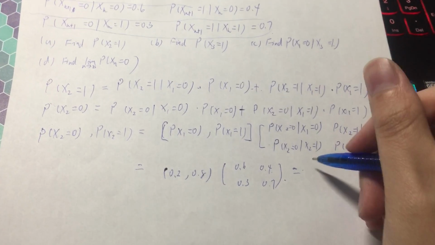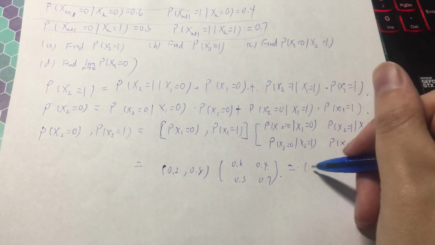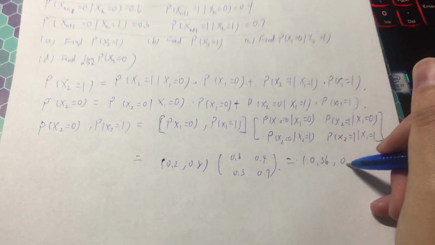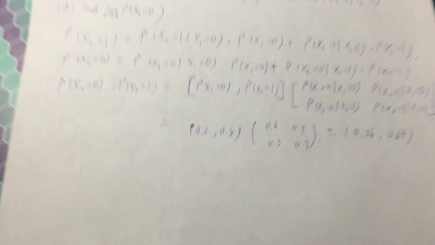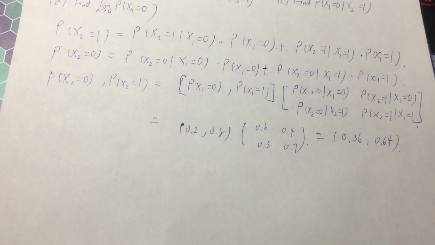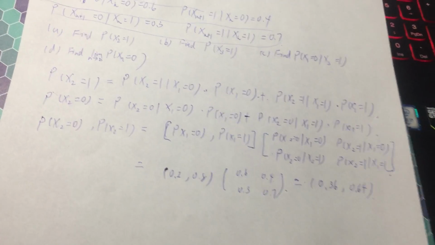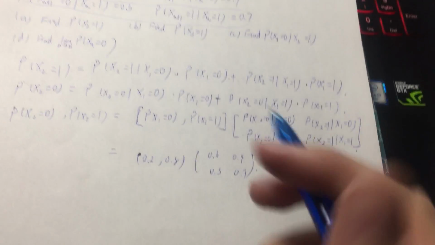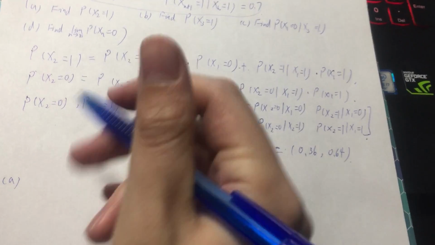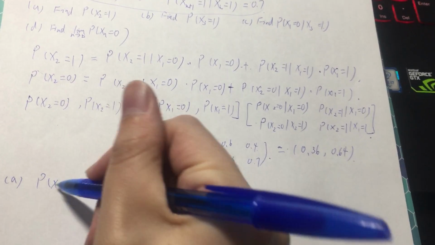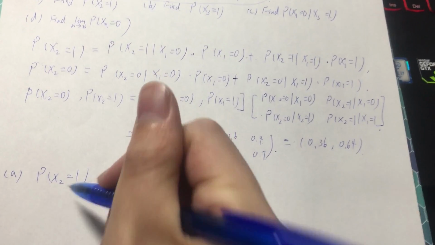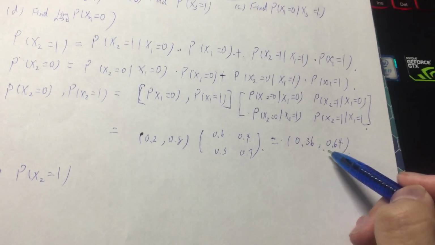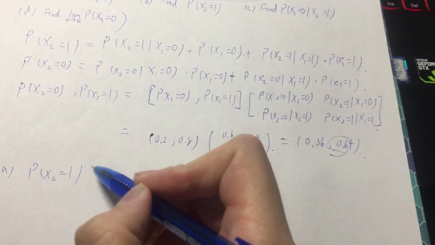From above, we can obtain the consequence 0.36, 0.64. And apparently, the result for part A, P(x2 = 1), is 0.64.